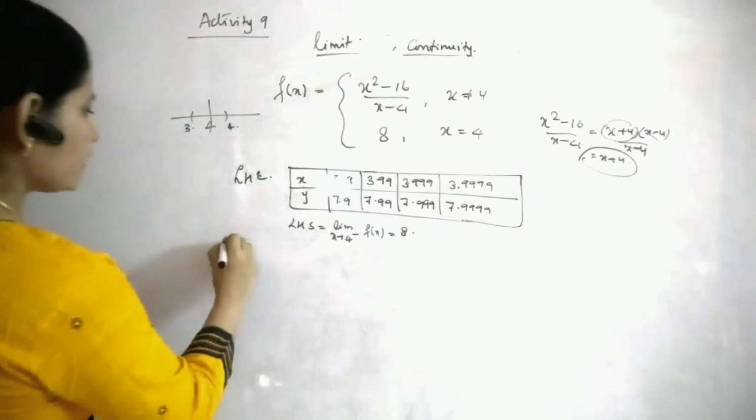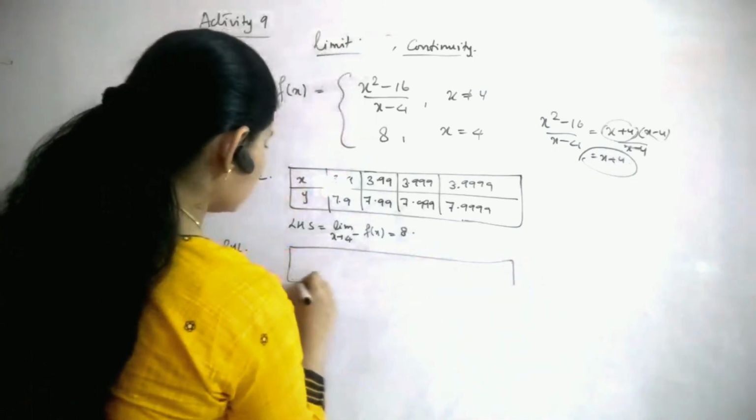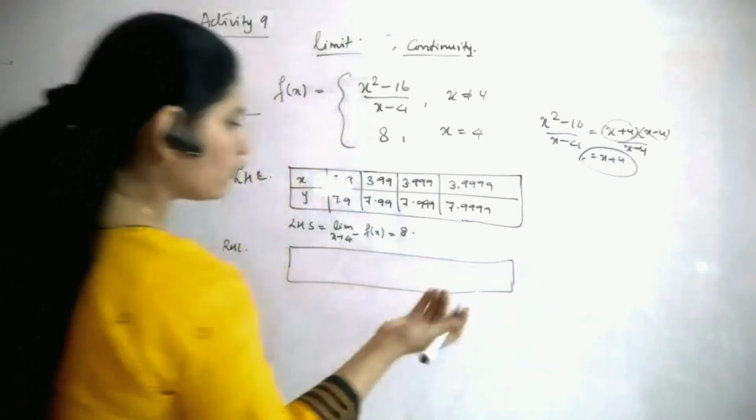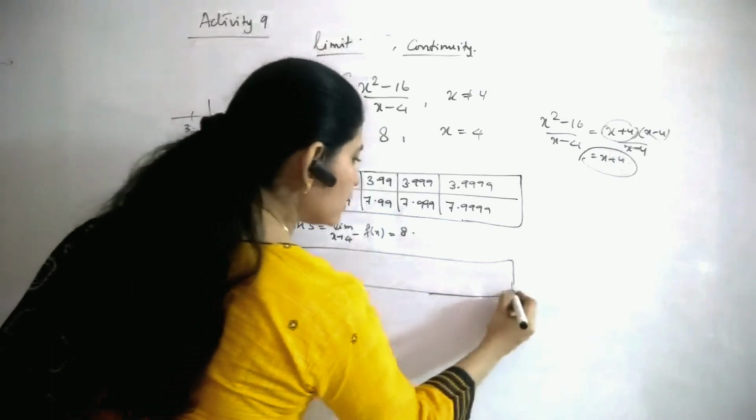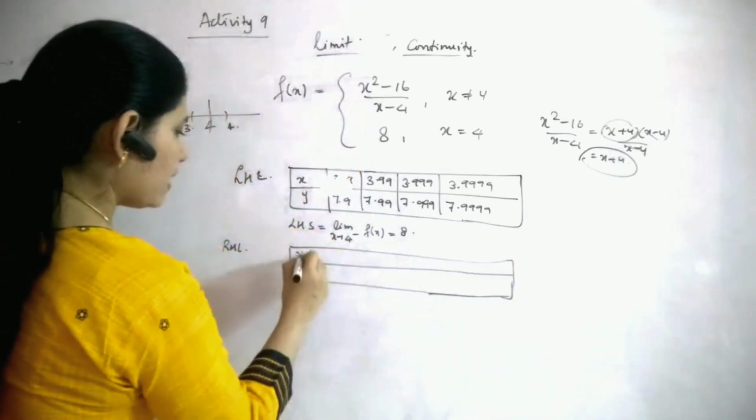Now we are moving to the right hand limit. For the right hand limit we will choose the values of x as 4.1, then 4.01, 4.001, 4.0001, 4.00001, closer to 4 from the right side of 4.